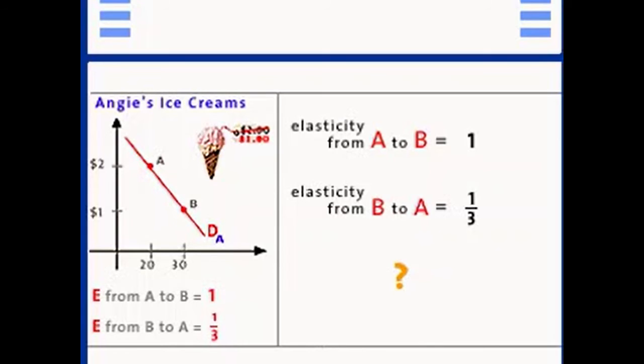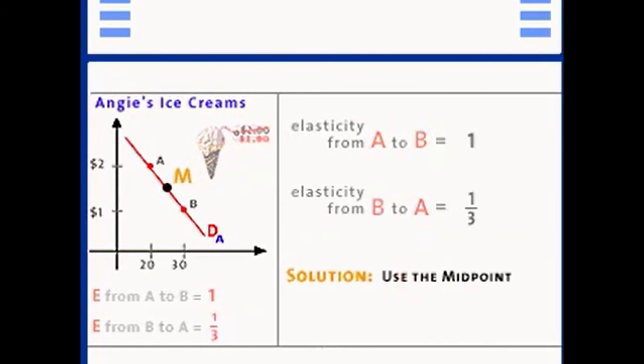That is, you want to use as the basis for your percentages the point halfway between A and B. You want to use this midpoint in order to calculate the price and quantity percentage changes. The midpoint will be $2 plus $1 divided by 2, or $1.50. $1.50 will be the midpoint price.